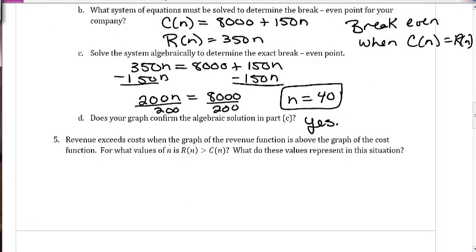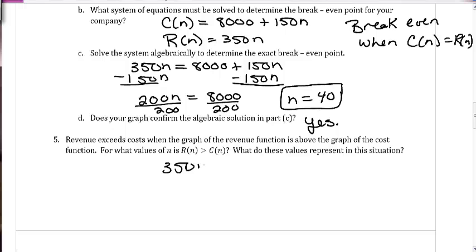Revenue exceeds cost when the graph of the revenue function is above the graph of the cost function. For what values of n is R(n) greater than C(n)? And what do these values represent in this situation? So we could have actually done this algebraically as well.